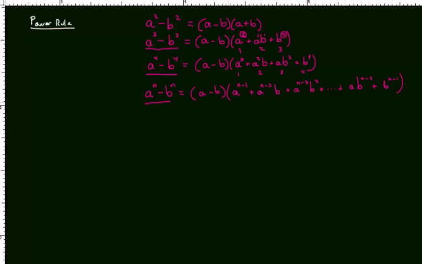How many terms are in this second parenthesis? There are 1, 2, 3, ... There are n terms.